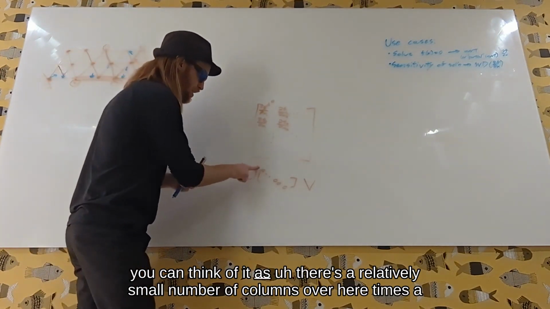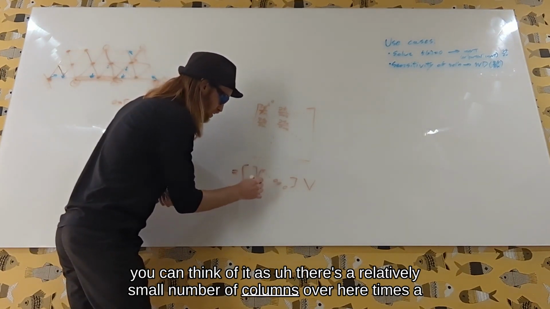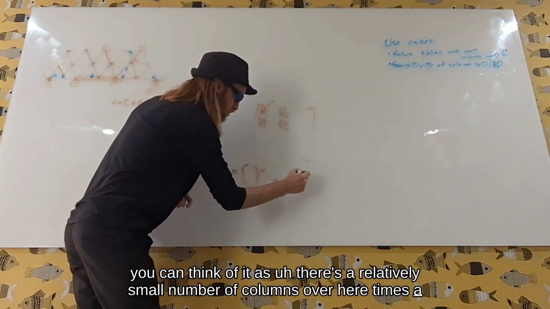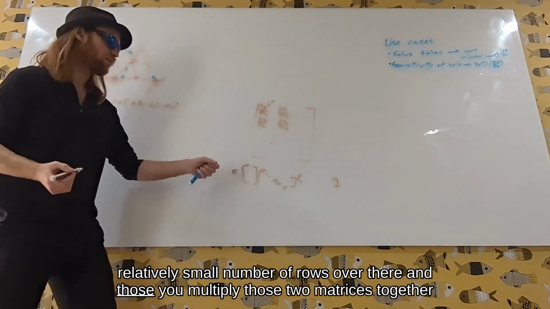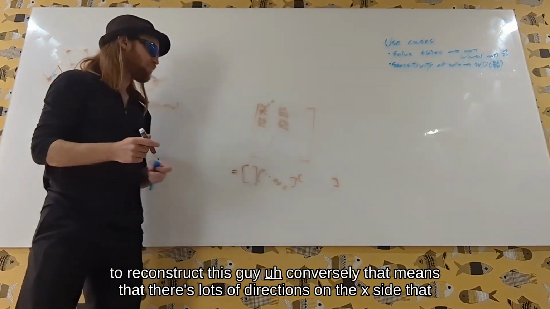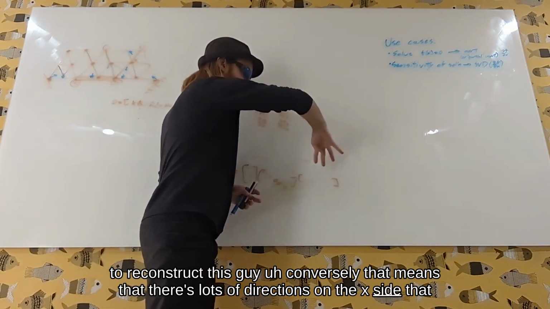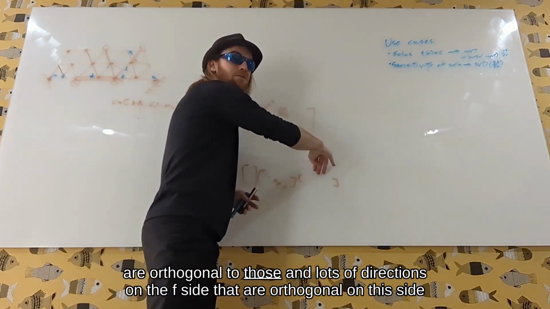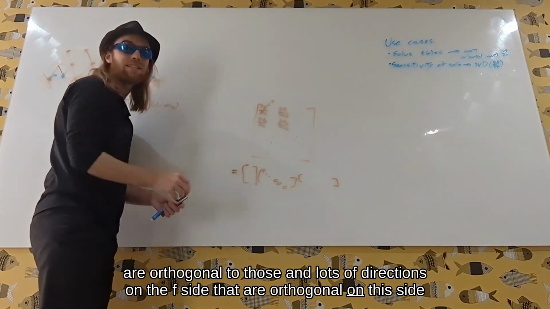You can think of it as there's a relatively small number of columns over here times a relatively small number of rows over there, and you multiply those two matrices together to reconstruct this. Conversely, that means that there's lots of directions on the x side that are orthogonal to those, and lots of directions on the f side that are orthogonal on this side.